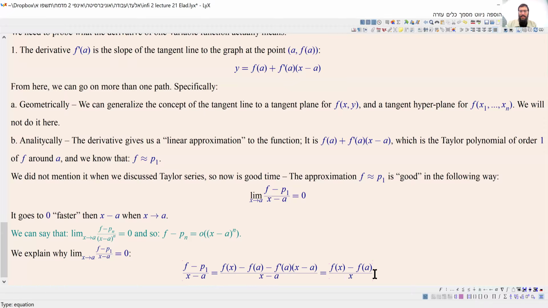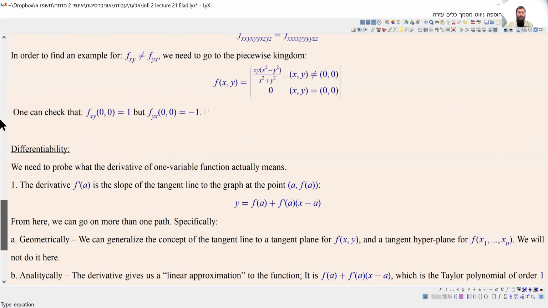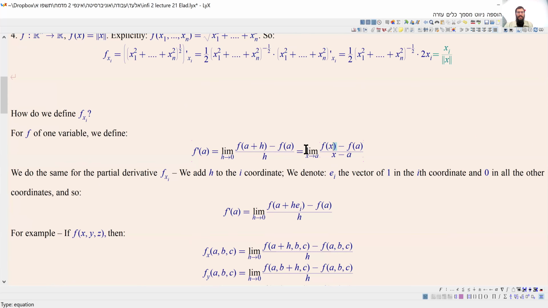We discussed it earlier. Here, (f(x) minus f(a)) over (x minus a) minus f prime, which is left after we cancel the x minus a. And we know that the limit of (f(x) minus f(a)) over (x minus a), as we mentioned earlier, is the derivative f prime of a.